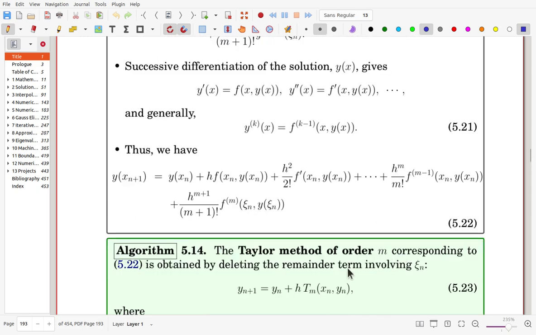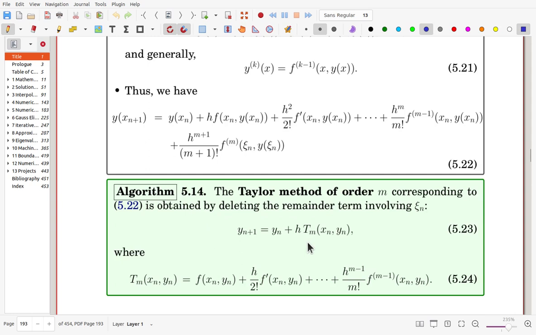The Taylor method of order m is formulated in this way. Now, this portion has the h term at least once. Here h squared, and the last term will be h to the m. We factor out h, and the remainder part is called T sub m.